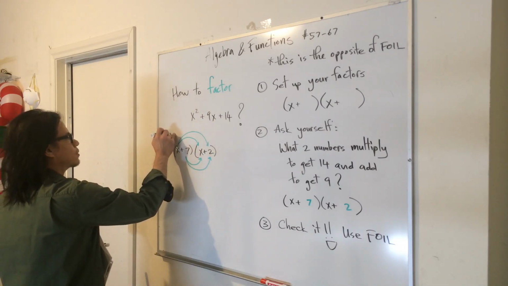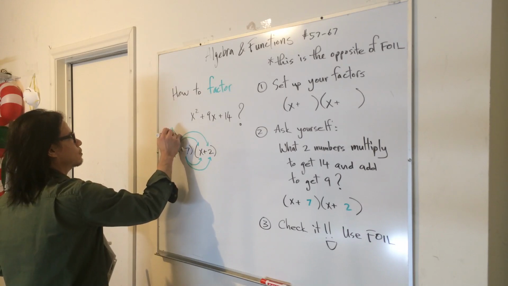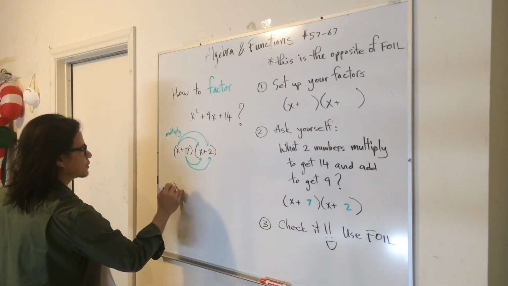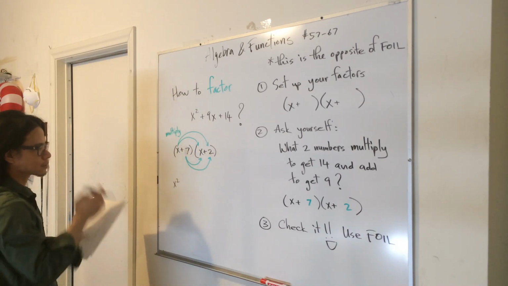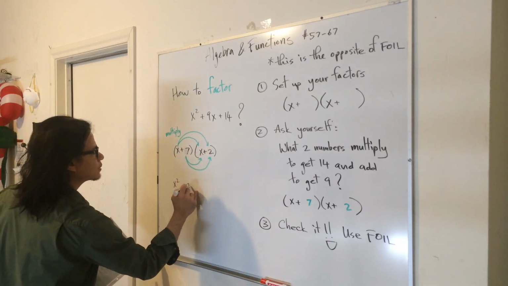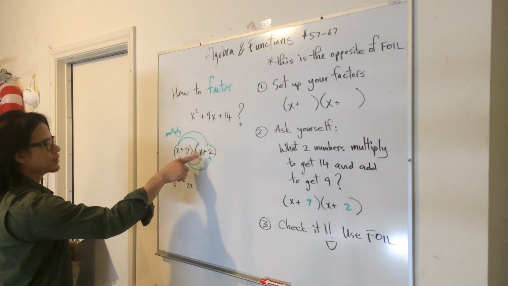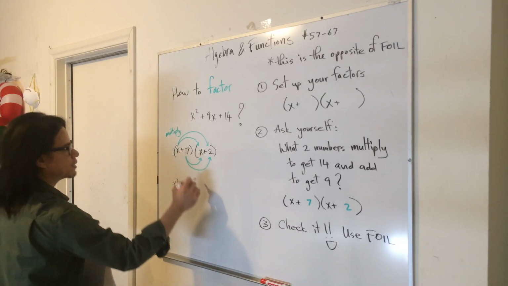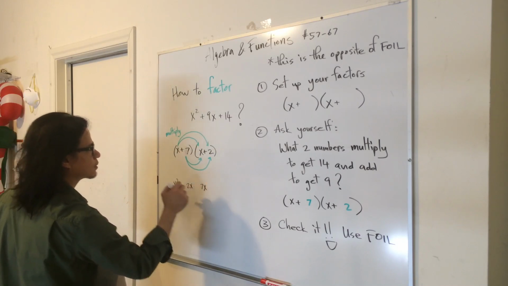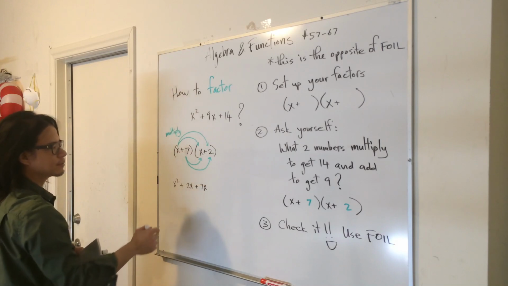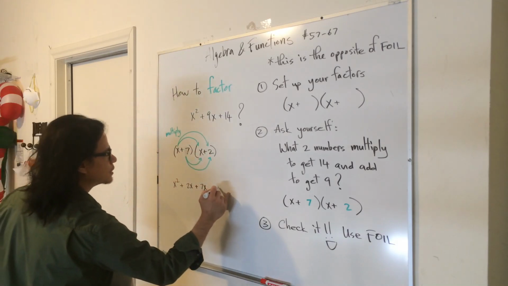Again, we're going to multiply these together. X times x is x squared. X times 2 is 2x. Positive times positive is positive. 7 times x is 7x. Again, positive times positive, so you get positive. 7 times 2 is 14.